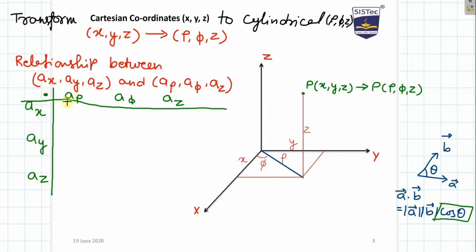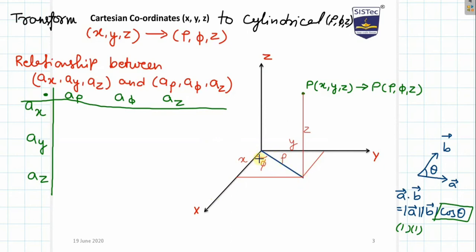So what will be ax dot a rho? Two unit vectors are there, so the magnitude is 1, times the cosine of the angle between the two. ax is in the direction of the x-axis, and a rho is in the direction of rho.